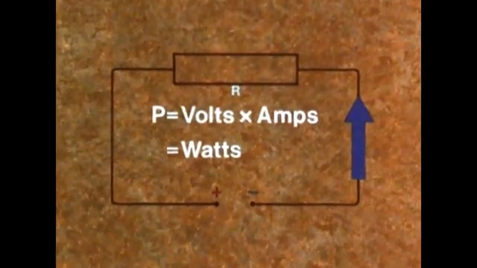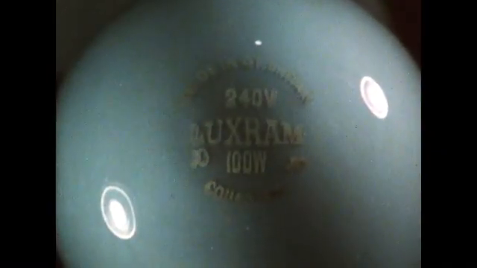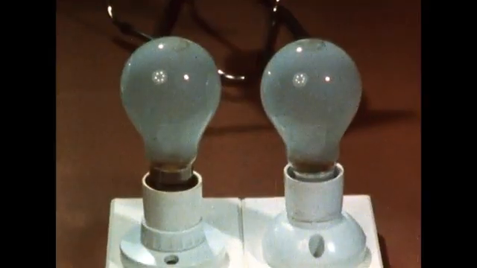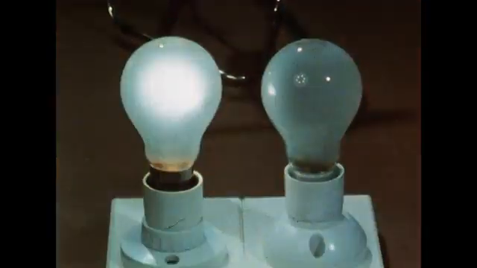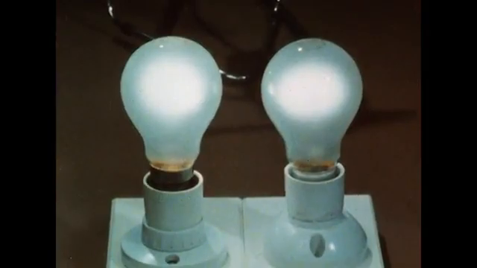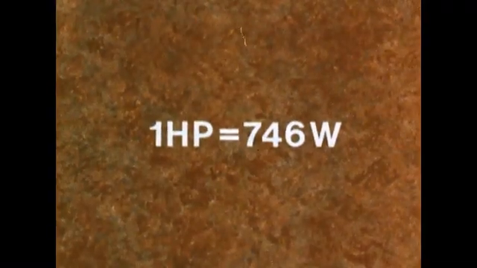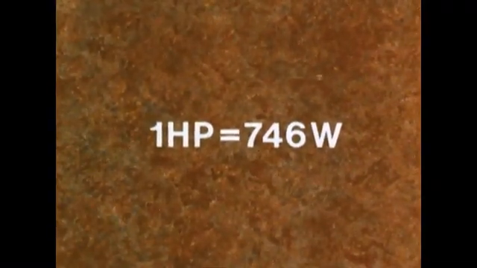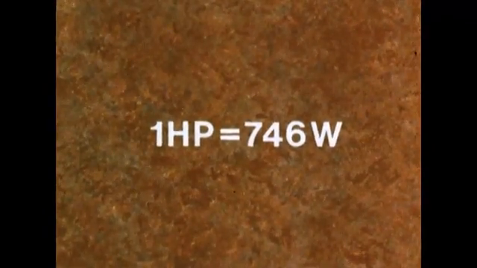We saw that electrical equipment, including resistors, have a power rating which indicates the rate at which they will change electrical energy into some other form of energy. And we saw that there is a relation between watts and horsepower. In the next part, we will discuss the subject of alternating current.